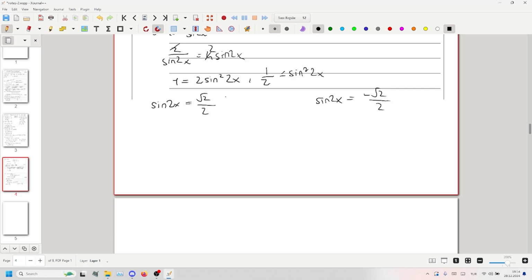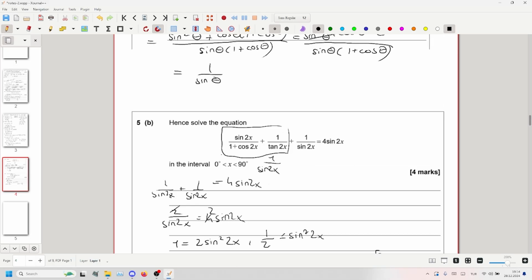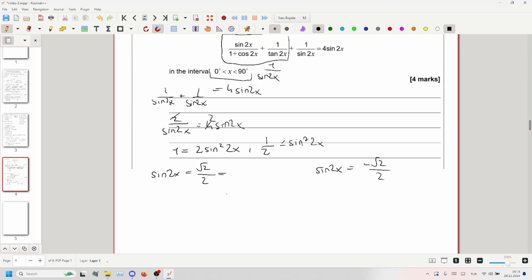Now again, this is a trigonometric equation, so we need to write this as a sine product, and the interval is given to us in degrees, so we need to find a value in degrees whose sine is equal to root 2 over 2, which is of course sine of 45 degrees. So now 2x is equal to 45 degrees plus, of course, a multiple of 360 degrees.